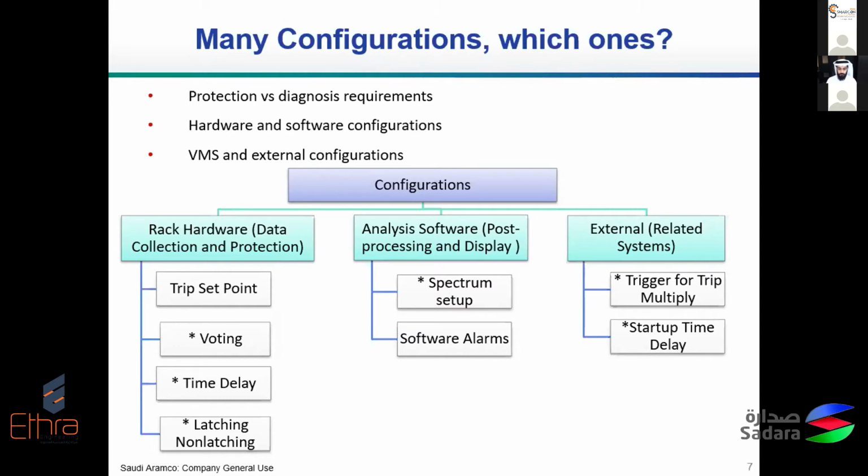So in order to explain more about the time delay and the trip multiplier, which is also associated with the protection, especially during startup, I will hand over the presentation now to my colleague, Mr. Ali Al-Hawaj, and I would ask him first if he has any comments on the slides I covered, then he's going to take over. Please go ahead, Ali.